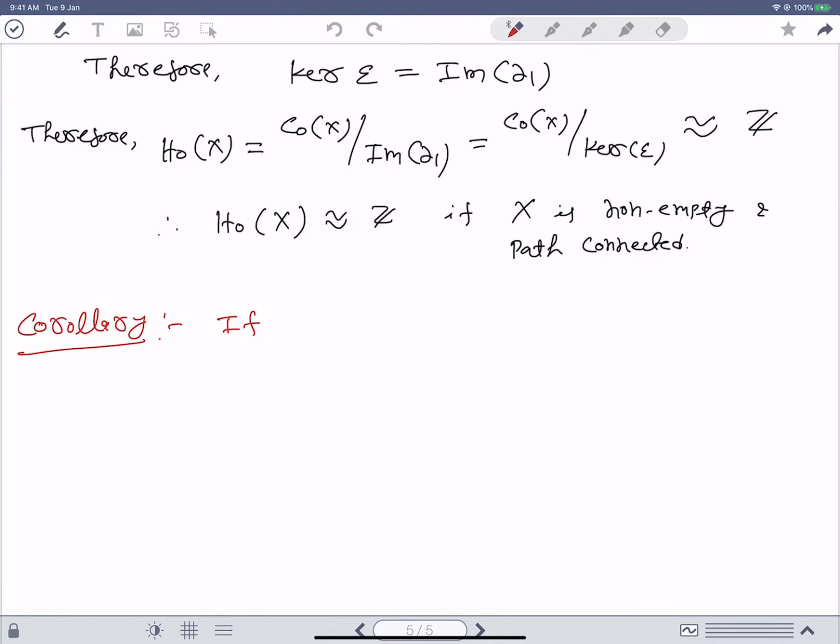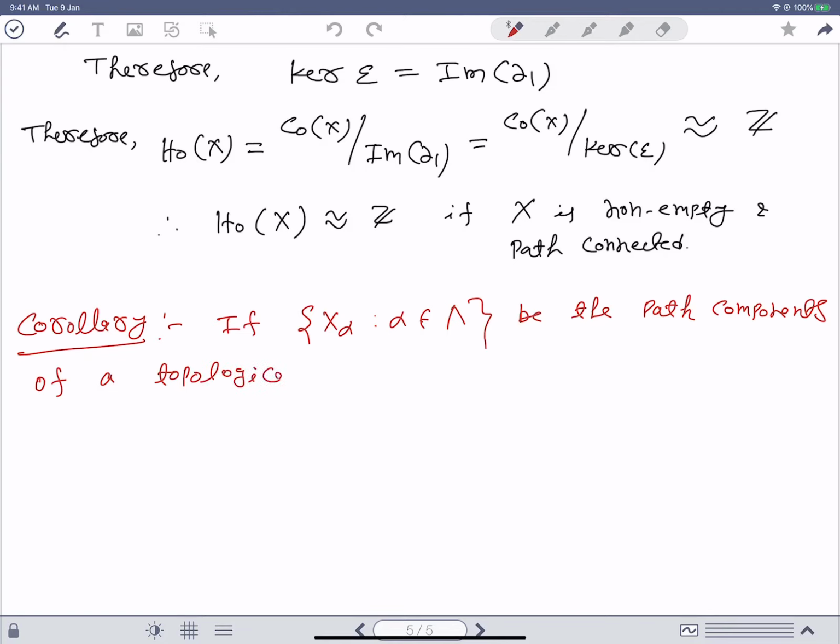So if X_alpha, say alpha belongs to some index set Lambda, be the path components of a topological space X, then A_0(X) is the direct sum over alpha of A_0(X_alpha), right?